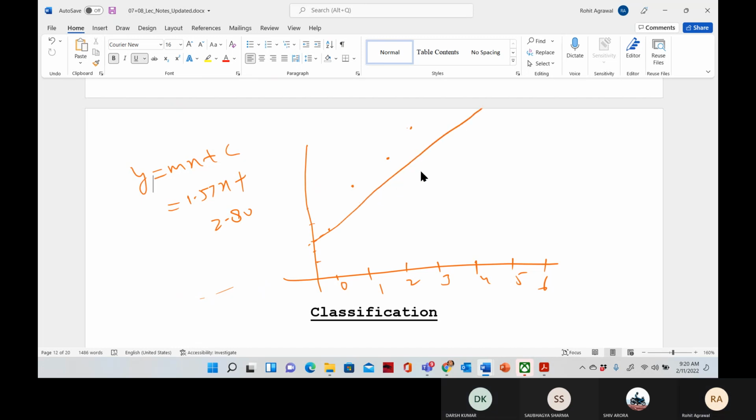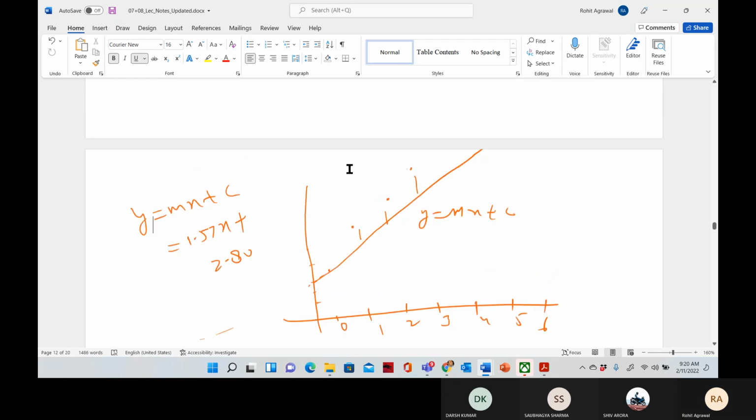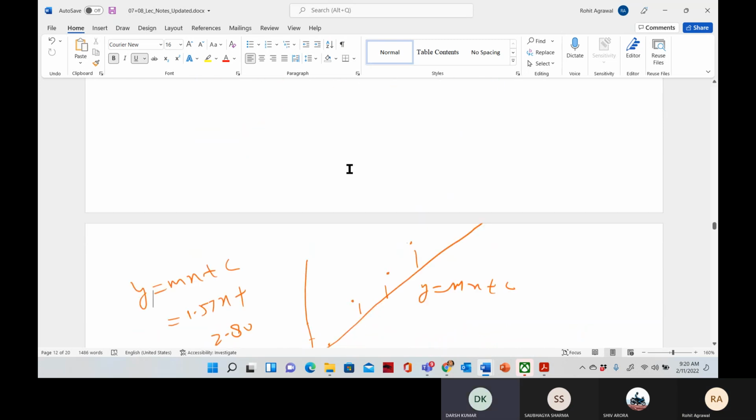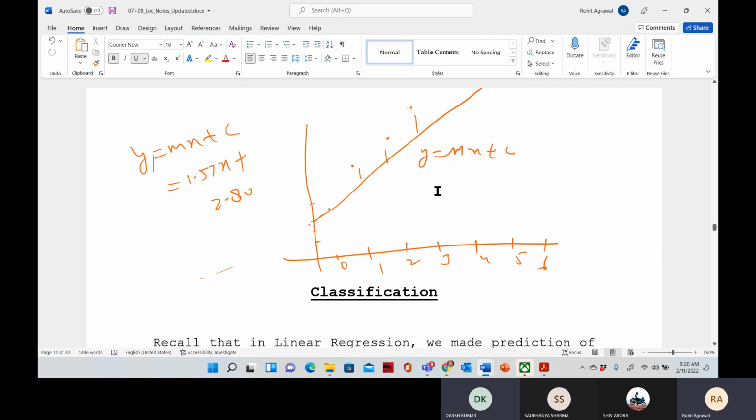Yes, sir. y equals to mx plus c. So this will be the error. Clear? सर इस लाइन के नीचे भी एरर आ सकता है ना? हाँ नीचे, yes, it can be below that. ओके सर.